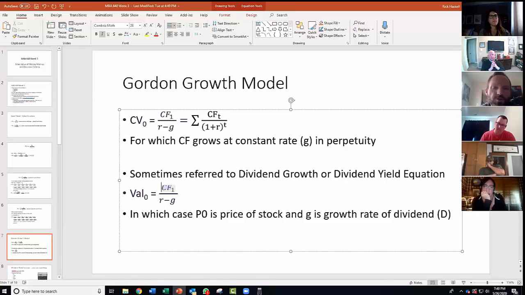So would you just use that for forecasting though, since, practically speaking, like you said before, businesses usually don't grow at a constant rate? Well, that's a good question. And yes, I would use it, but I would only use it where my cash flows reach some normalized rate of growth. So let's say that Michael Allen and I put a business together, Allen Enterprises.